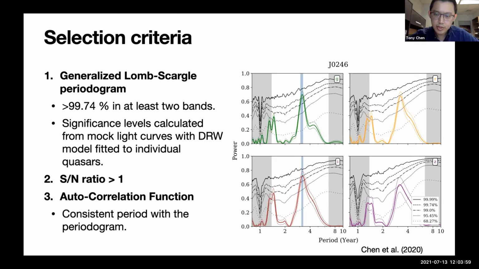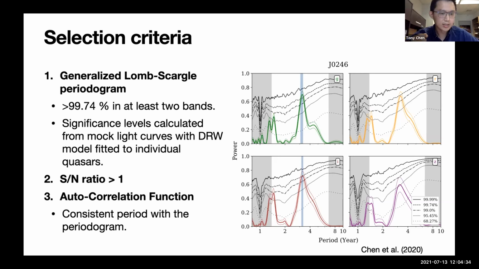So if the peak of our quasars in the periodogram is higher than a certain threshold, which in our criteria is 99.74% in at least two bands, it means the periodicity we have seen for these quasars deviates from the typical DRW models, which means it might be a real sinusoidal or periodic signal.